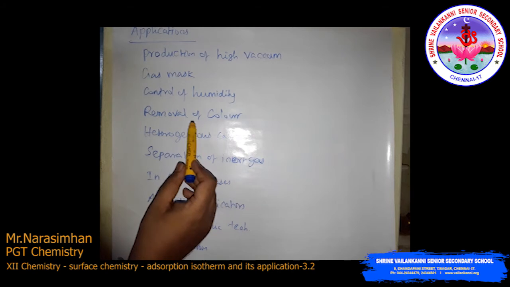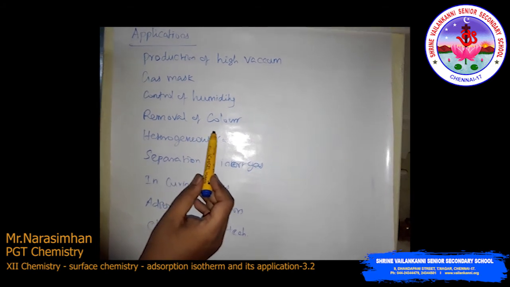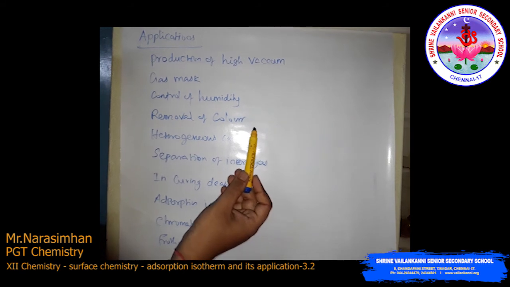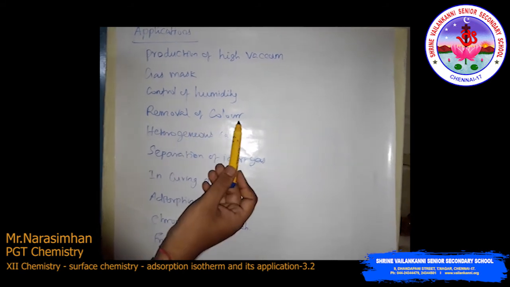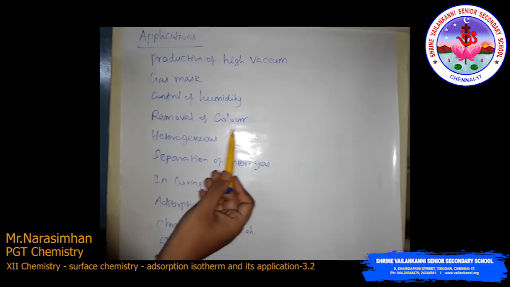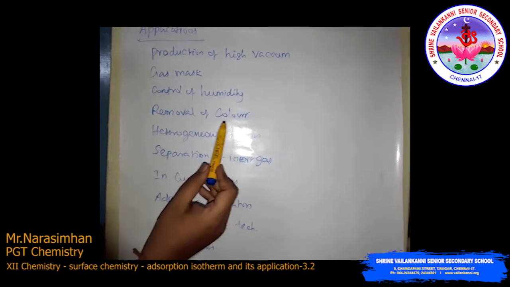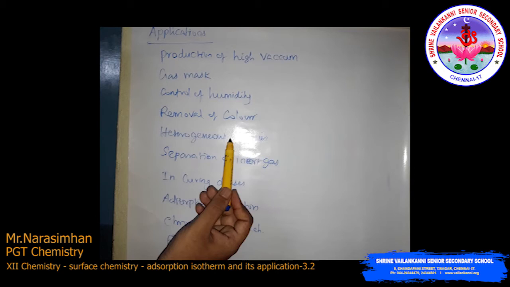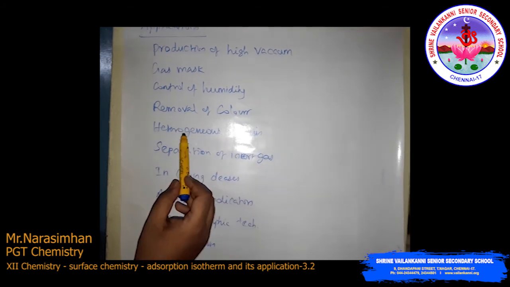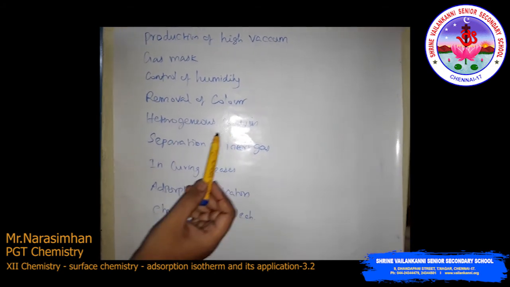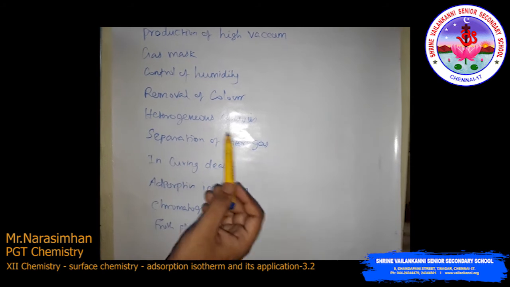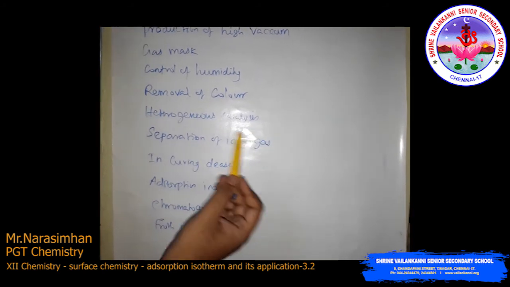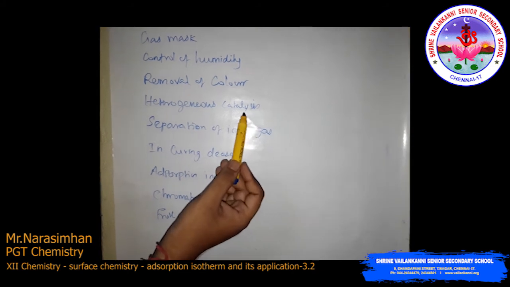Then removal of color matter from the solution. For example, animal charcoal removes color from solution by adsorbing colored impurities. Then heterogeneous catalysis. Heterogeneous means different phases: the reactant phase is different and the catalyst phase is different.